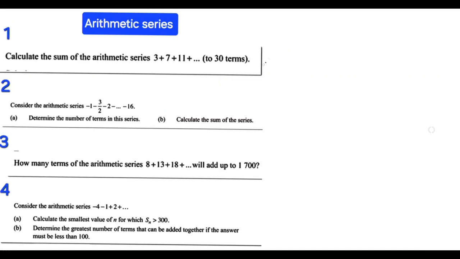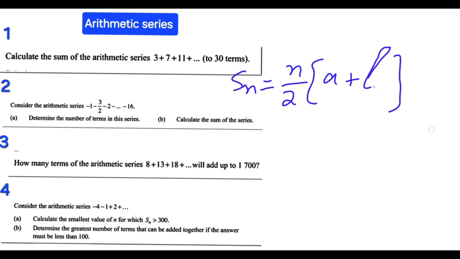And then we have the second formula: Sn is equal to n over 2 big bracket a plus l close bracket. L stands for the last term. When you know the first term and the last term, then you're going to use this formula.